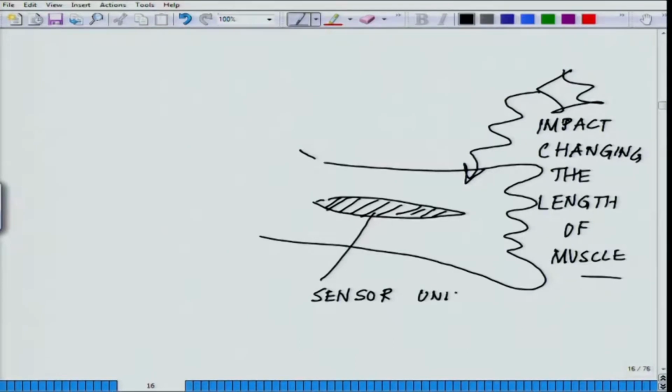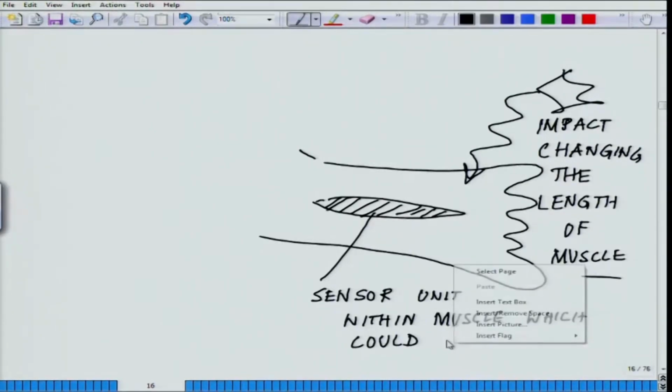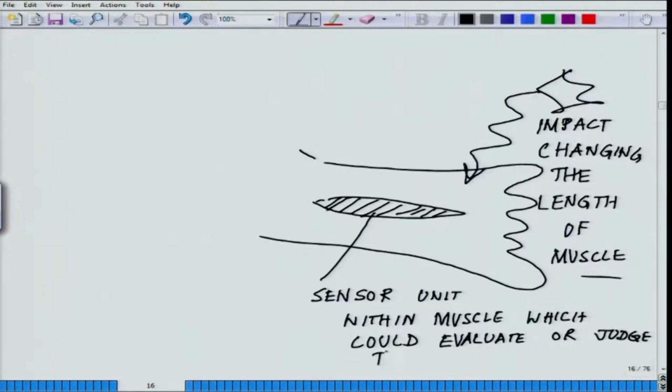Sensor unit within the muscle which could evaluate or judge the change in length of muscle.